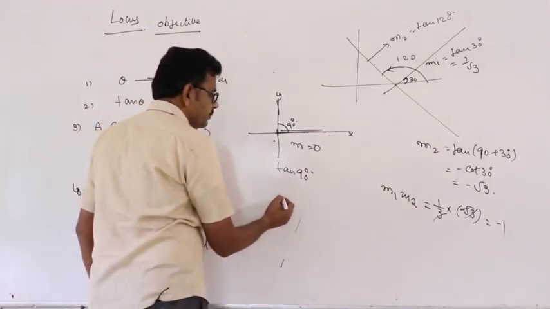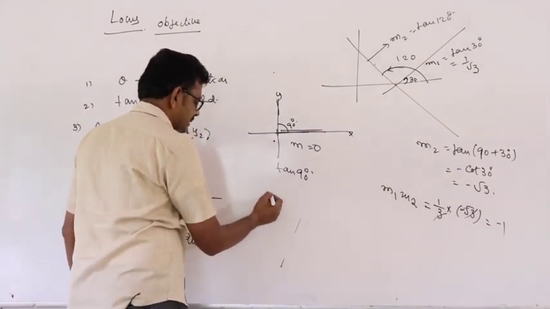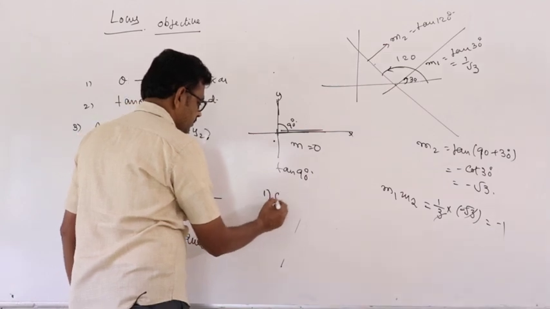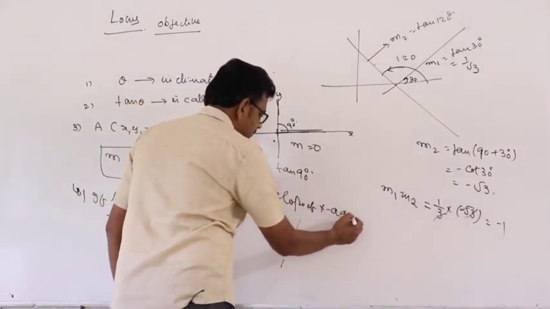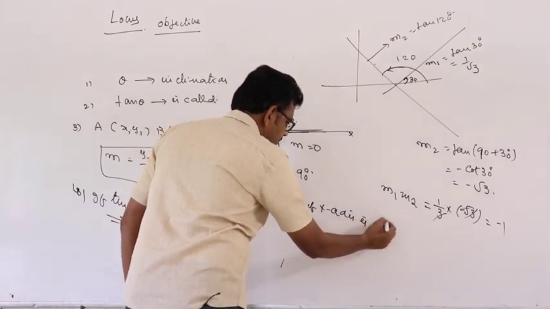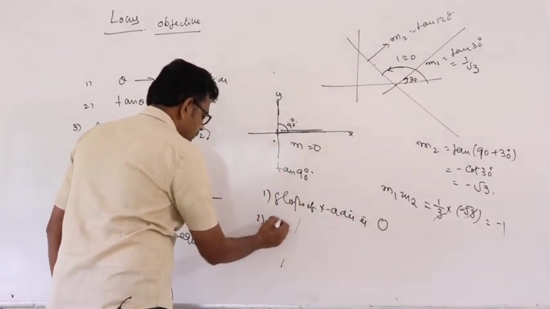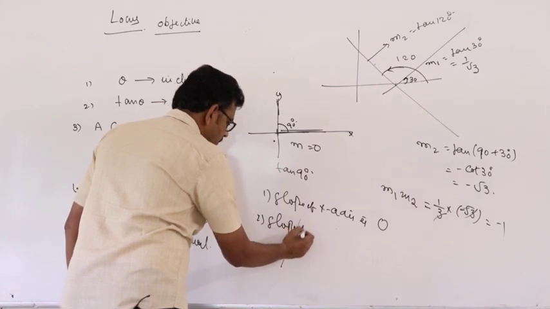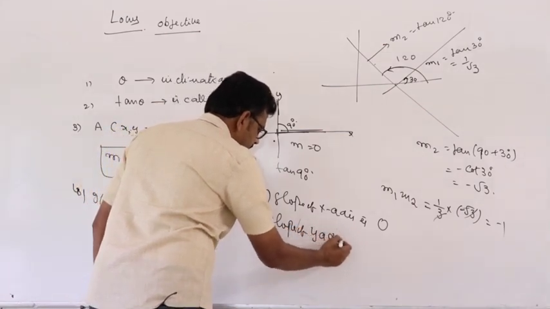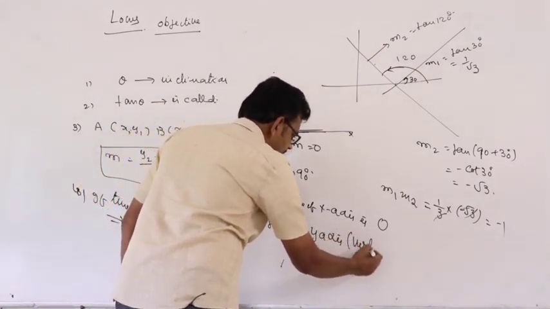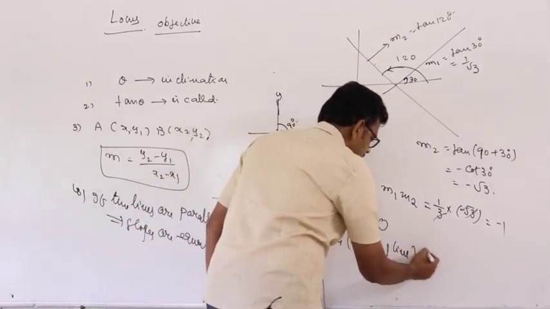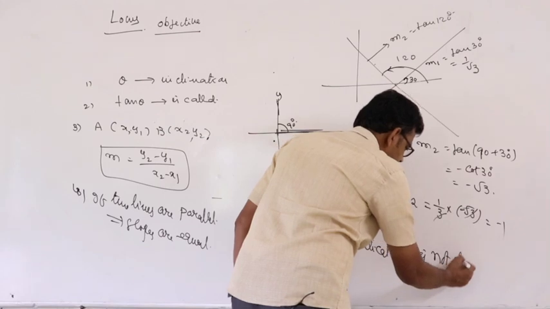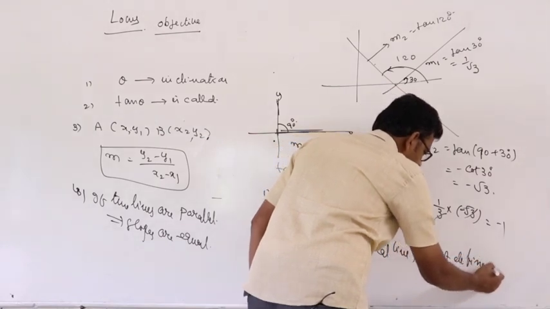Therefore, the slope of the x-axis is 0. The slope of the y-axis, that is a vertical line, is not defined, that is undefined.